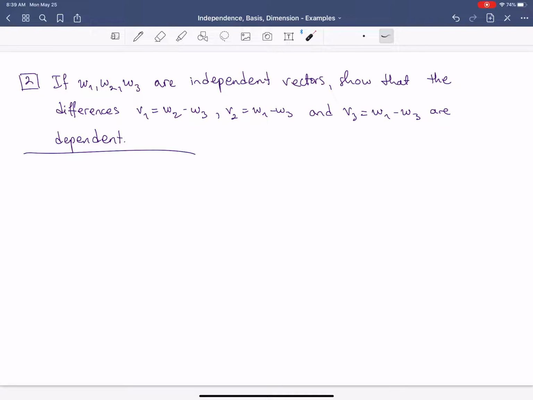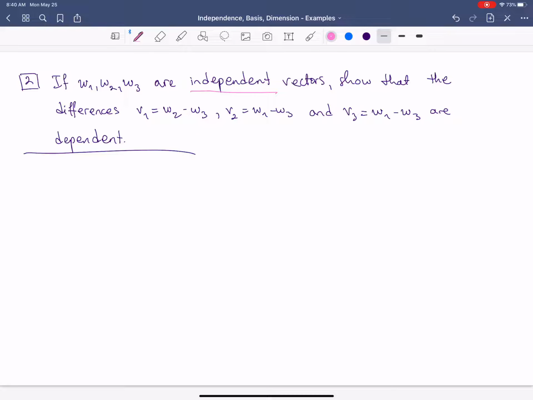All right, now let's look at another example. This looks a little bit more theoretical, perhaps, although that doesn't make it harder. So we're given 3 vectors, w1, w2, w3, and we're told that these vectors are independent. So the only way to combine them to get 0 is if you just multiplied everything by 0.